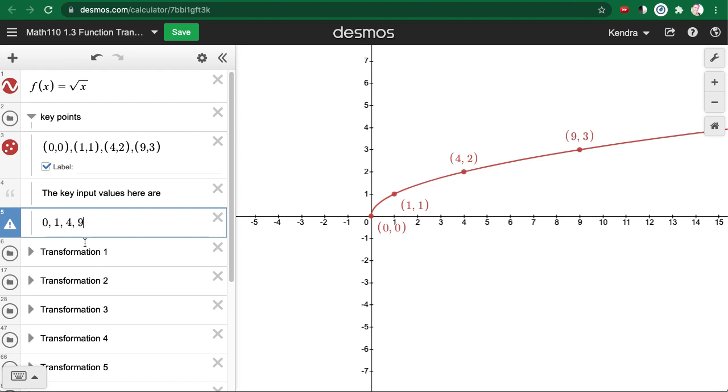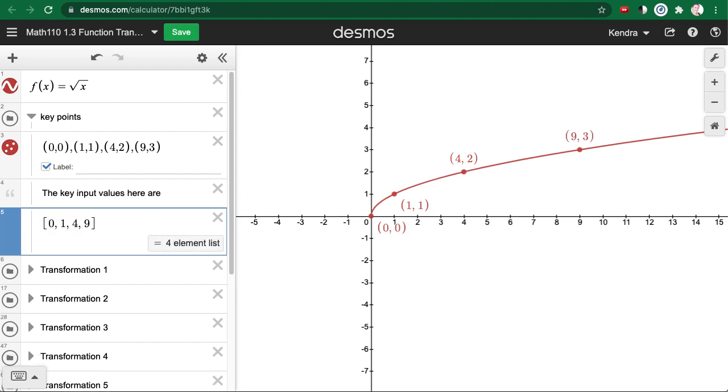I'm going to put those in list format in Desmos. There is a particular reason, but I'm not going to talk about it right now. These are the input values that we're going to put into the square root function anytime we see it.